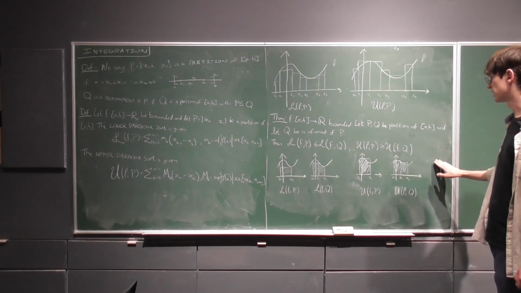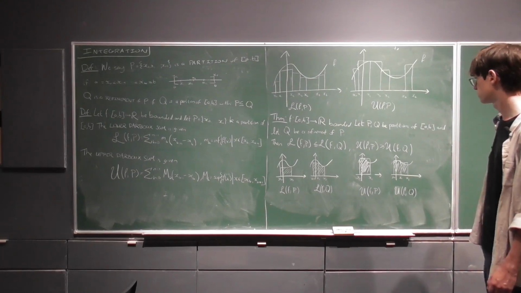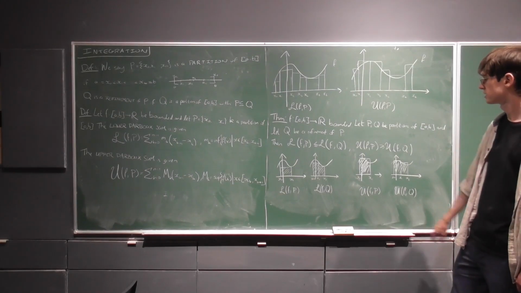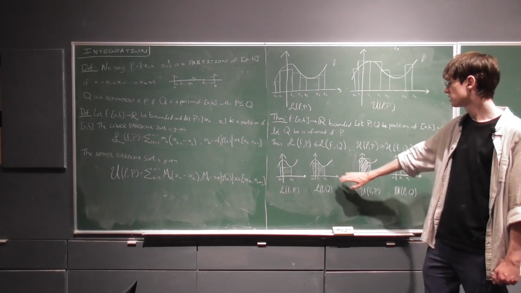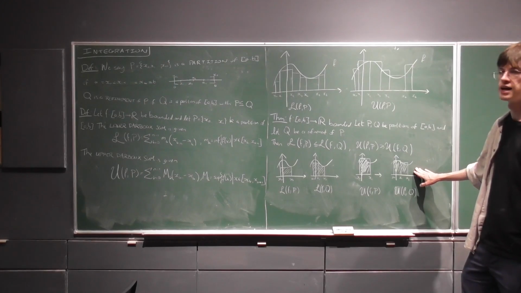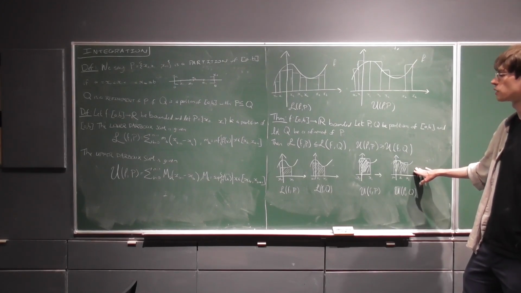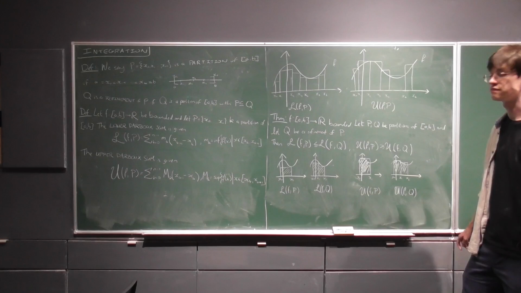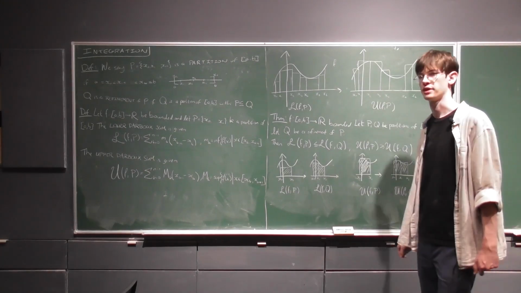And you might be able to see here that the idea we're approaching is that hopefully these two quantities get closer and closer to each other as we take finer and finer partitions.